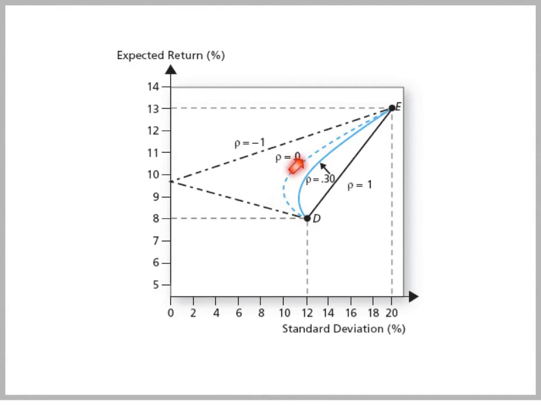And you'll find that as you decrease rho, that bow becomes more pronounced, and if you decreased it below 0, you would find these big bows that map out the set of possible portfolios as you vary omega. In fact, when rho is equal to -1, that bow becomes this sharp angle, and it takes one of the portfolios all the way down to 0.